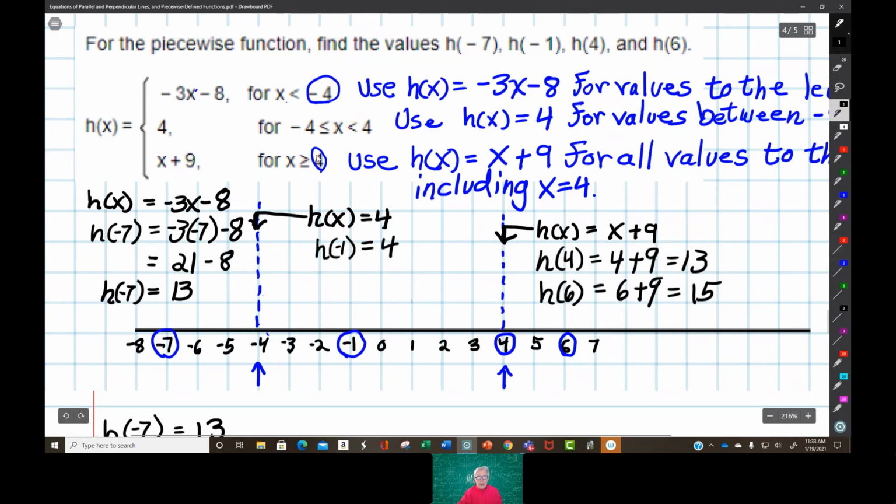But if you follow this approach, you'll be able to get these questions right.